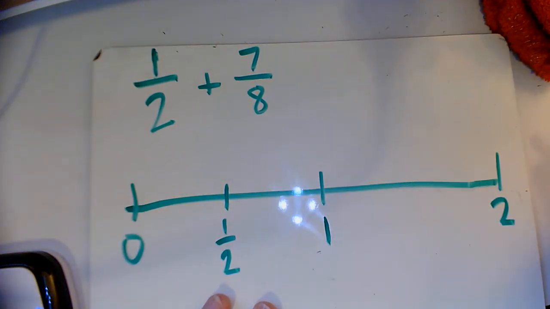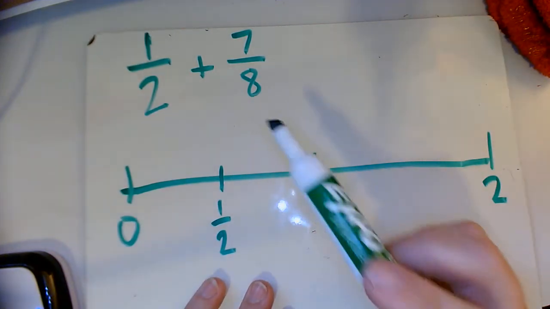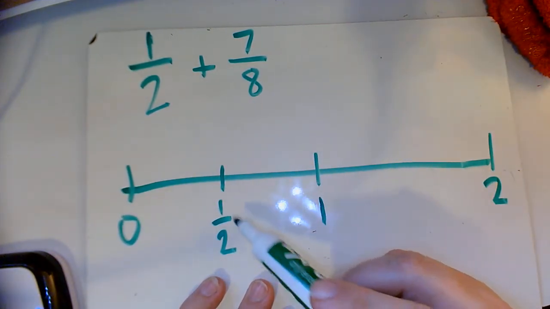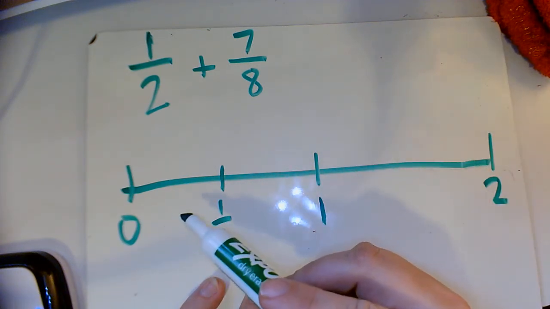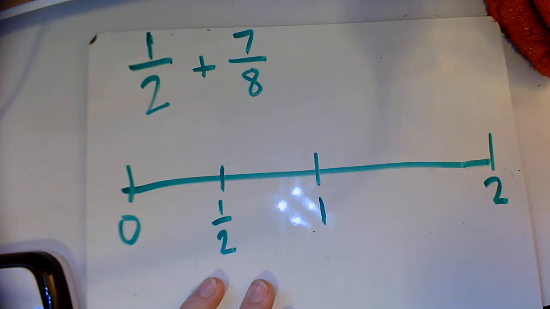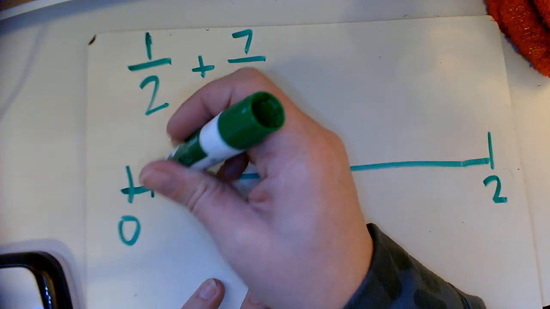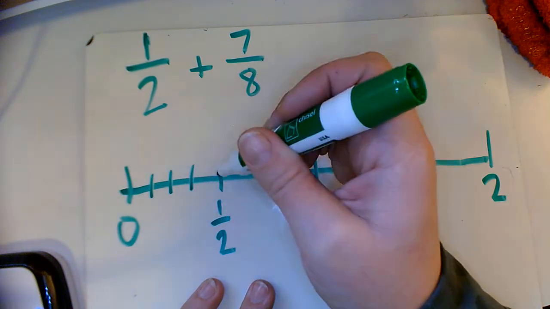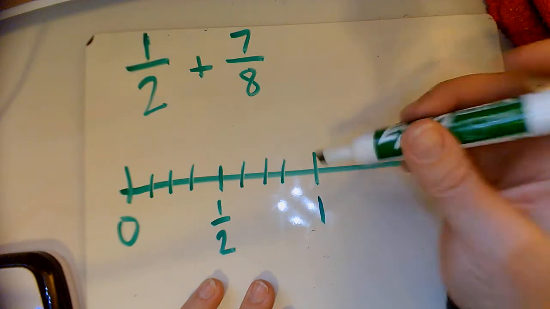Okay, so if I want to decompose this into eighths, I can also do that. I'm going to do that in smaller lines across between our 1 and our 2. So I know that this is my halfway mark. So I'm going to have 1, 2, 3, 4, 5, 6, 7, 8.